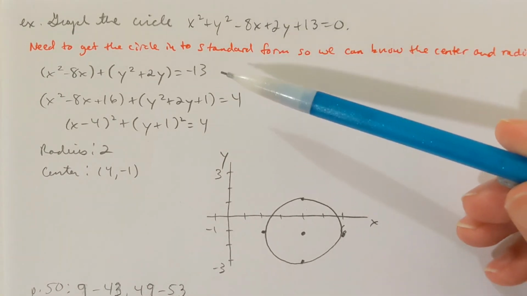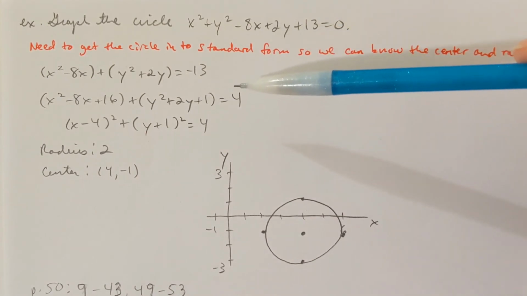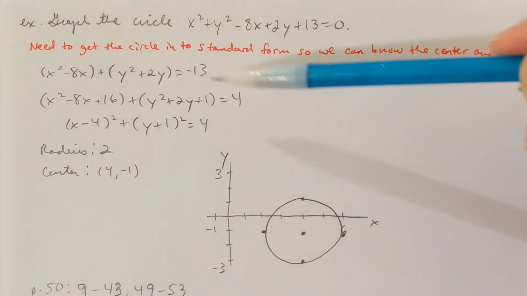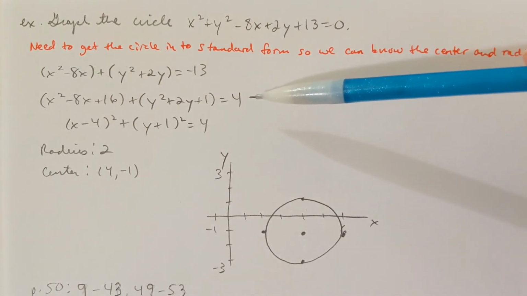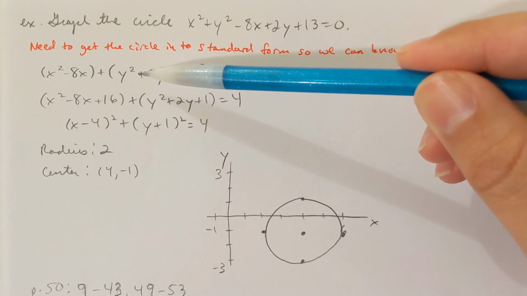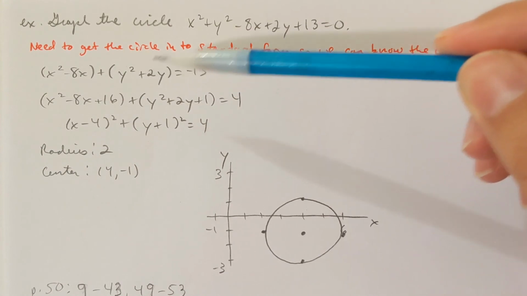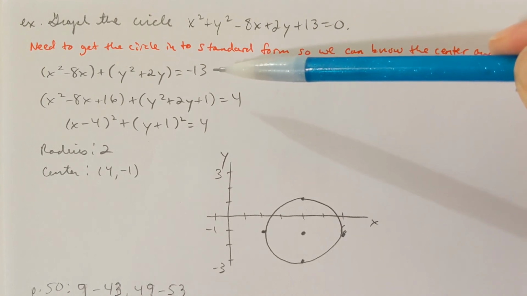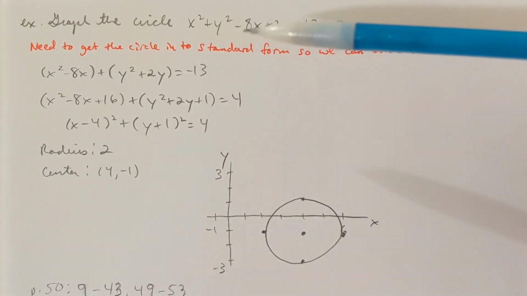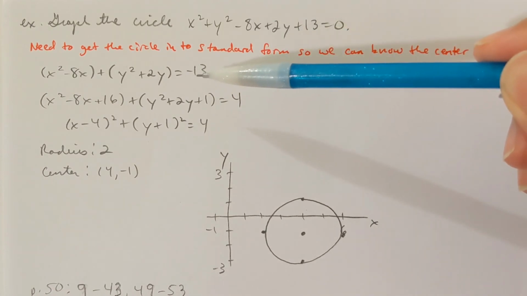And what I'm going to do next is I'm going to complete the square twice, one for the x's and one for the y's. Okay? So I've got a 1 in front of x squared and a 1 in front of y squared. That will always be the case, by the way, whenever you're completing the square, needing to get that term in front of the squared factor.